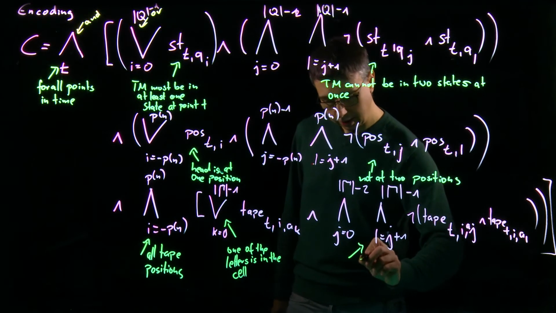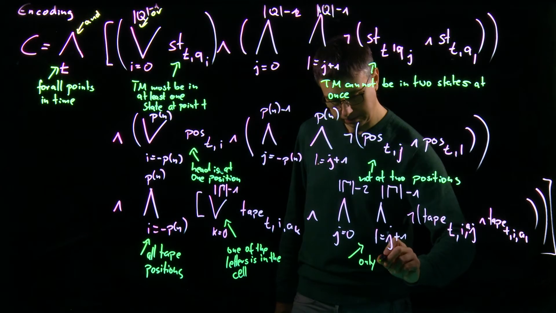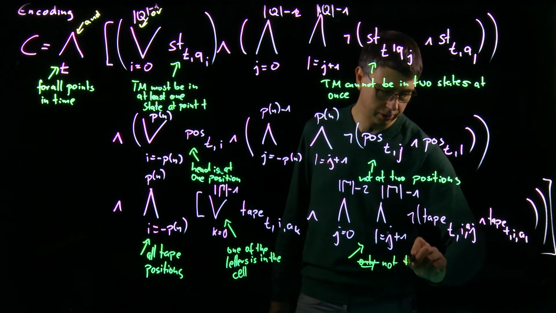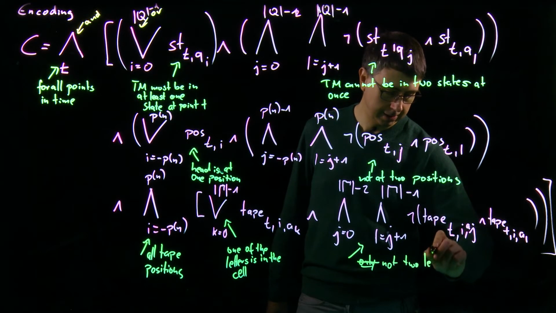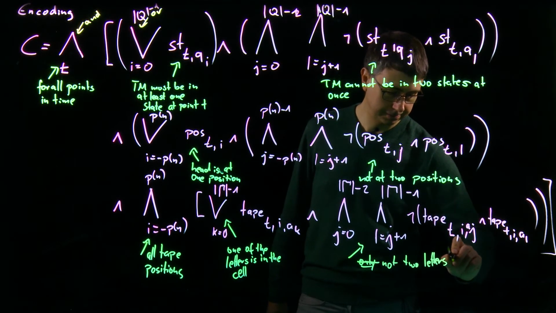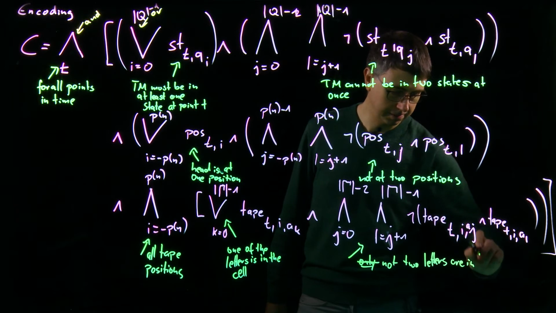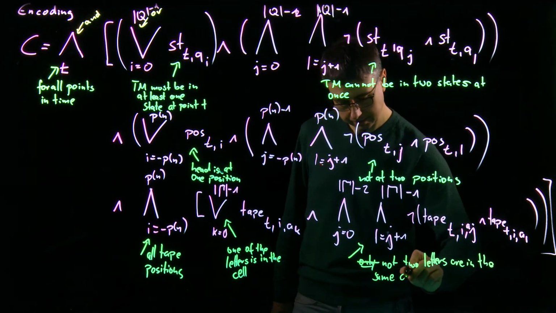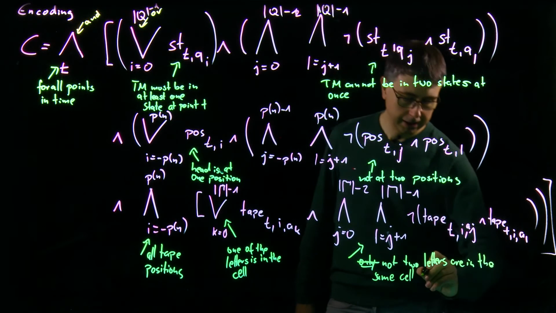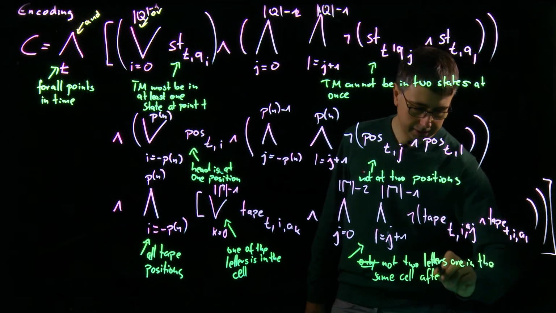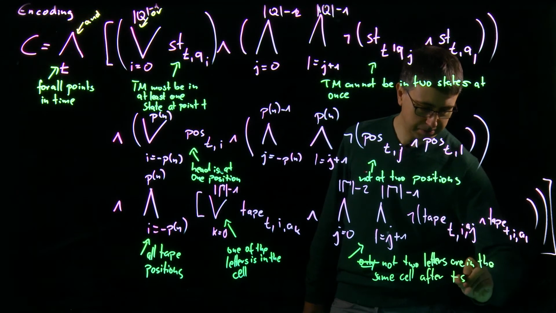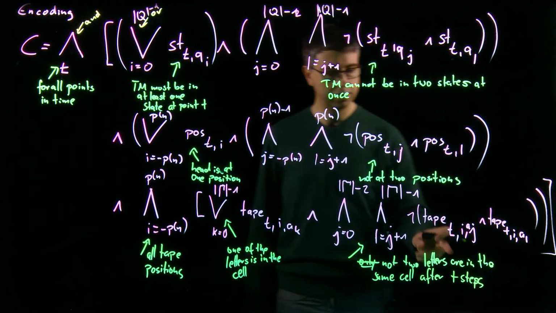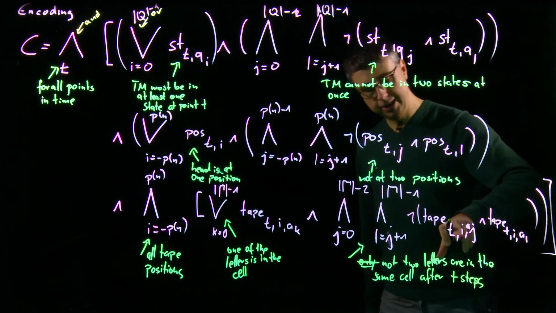This one here is only one, not two. Not two letters are in the same cell, after t steps, and the position of the cell is given by i.